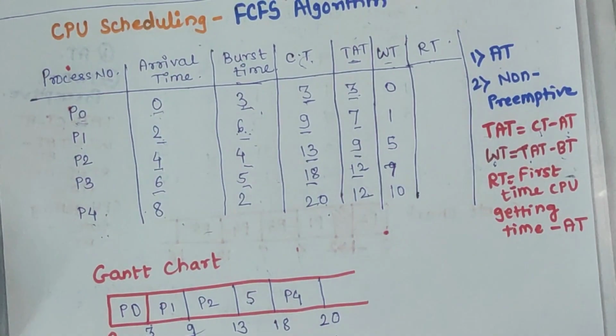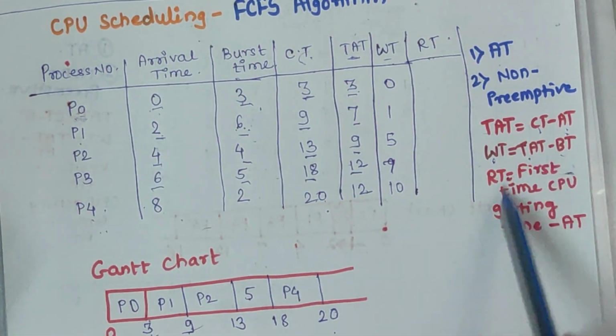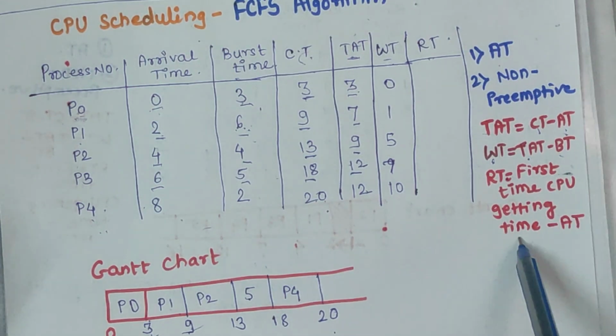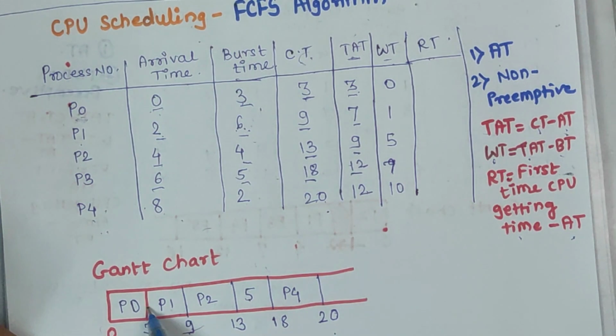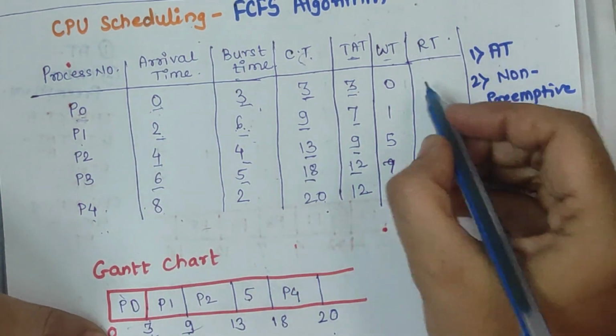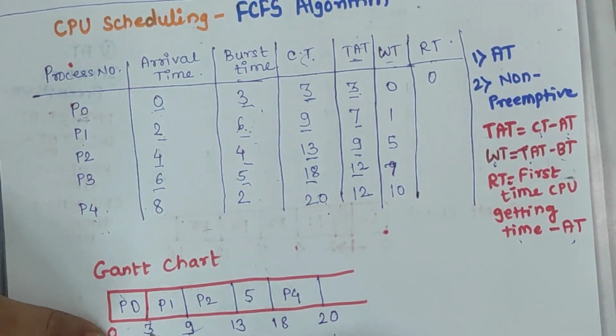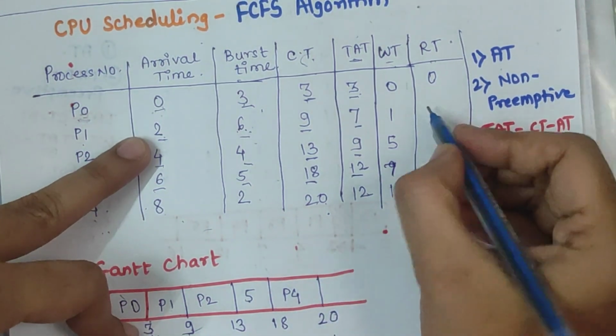Sometimes response time may be asked. Response time is the time at which the process gets the CPU for the first time minus arrival time. So process P0 is getting CPU at 0 and arrival time of P0 is 0. So 0 minus 0, 0. For process P1, 3 minus 2, that is 1.